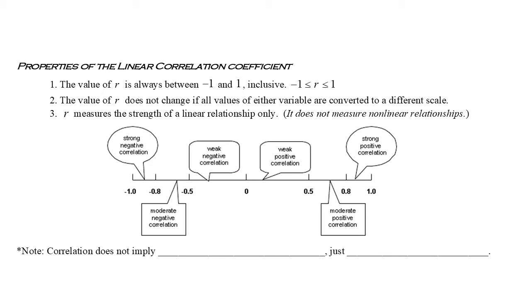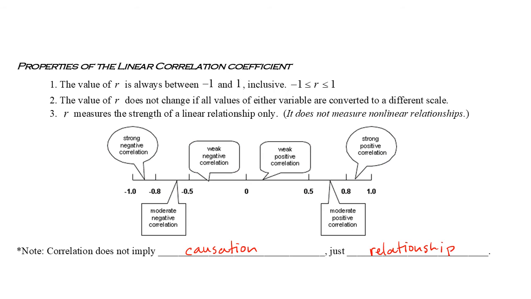Okay, and an important idea is that we oftentimes can make this mistake of supposing that if we observe a correlation, then there is a causation relationship. But in general, we have to be very careful about that, because correlation does not always imply causation, but rather there is just some relationship between the variables.